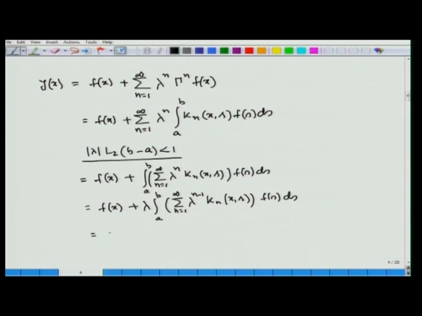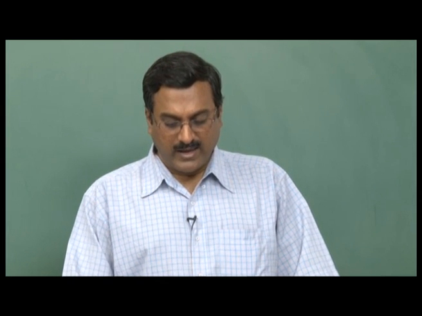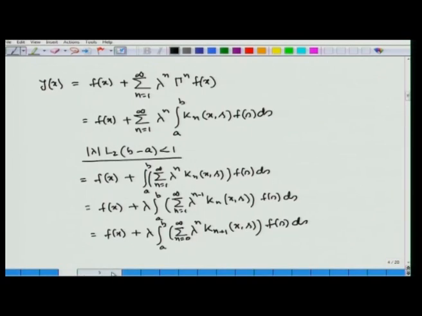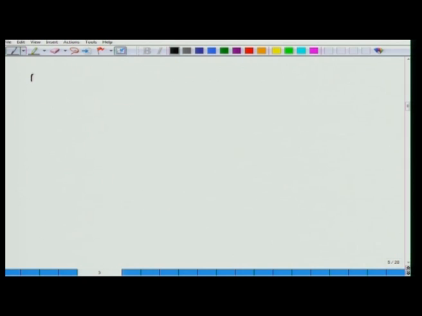And now, changing the range of variation for n, we get f(x) plus lambda integral a to b sigma n running from 0 to infinity lambda to the power n k_{n+1}(x,s) f(s) ds. So, this infinite series, sigma n running from 0 to infinity lambda to the power n k_{n+1}(x,s), is actually the resolvent kernel, denoted by R(x,s;lambda), and that is equal to sigma n running from 0 to infinity lambda to the power n k_{n+1}(x,s).